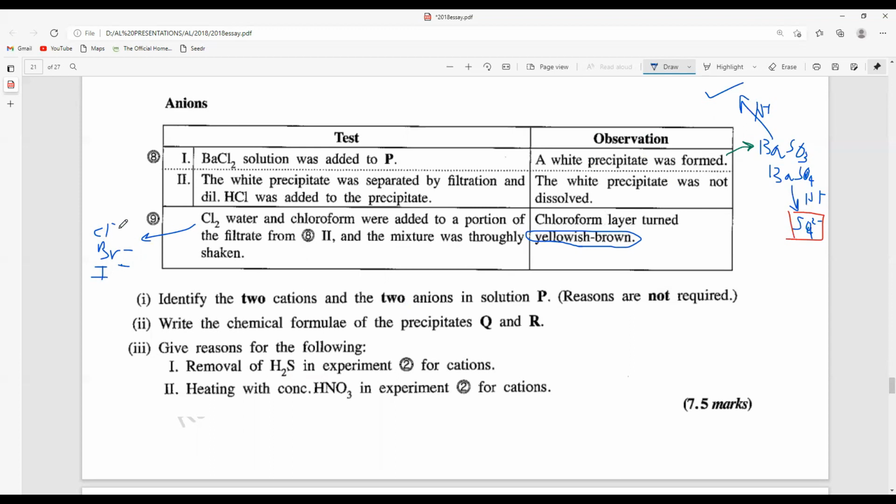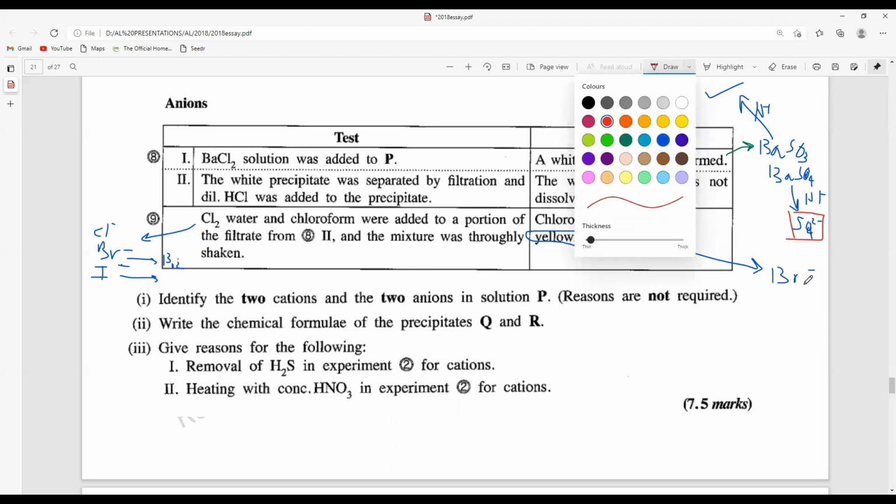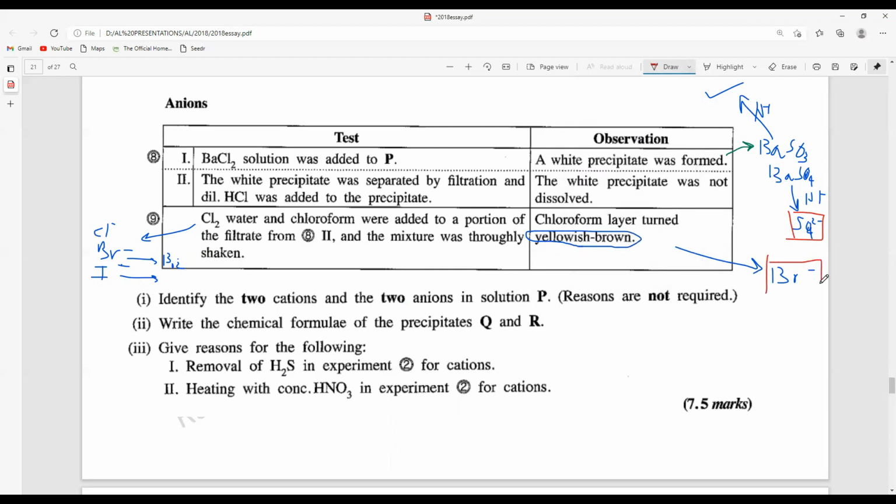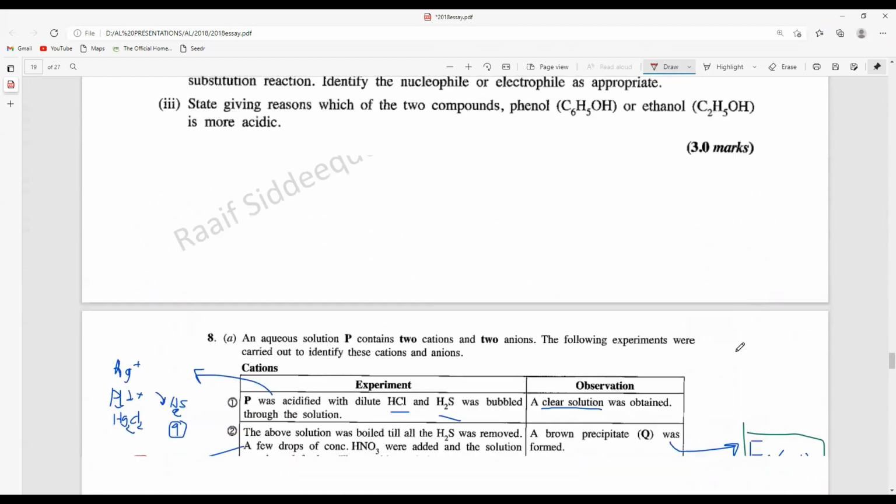With Cl minus nothing happens, but Br minus is oxidized to Br2, which gives a yellowish brown color, and I2 gives a purple color. So the anion present here is Br minus, which concludes our discussion of the identification of these cations and anions.